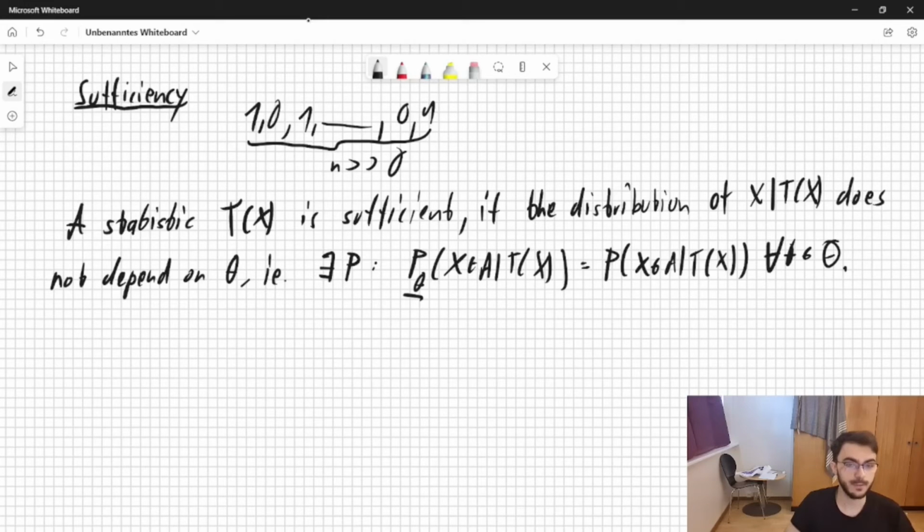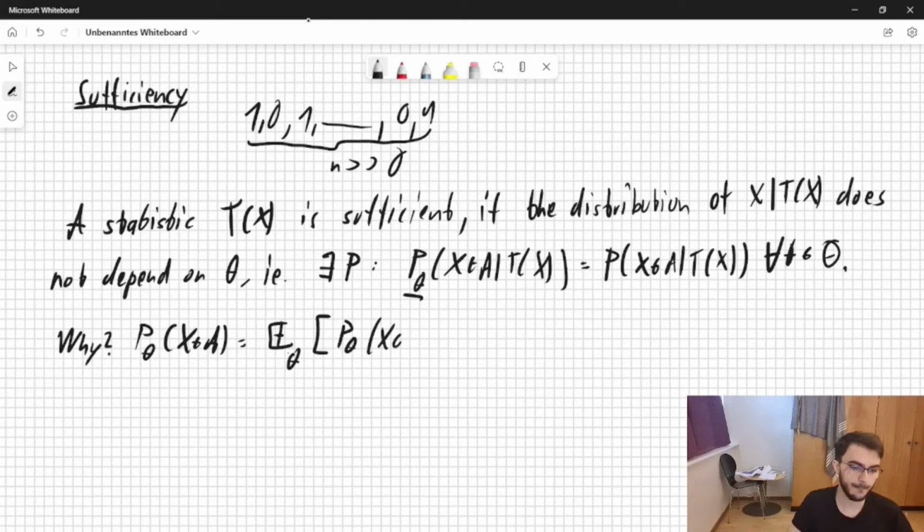That's a weird definition. Why do we use this definition? If you think about the probability of X being in some set, we can express this as the expectation, and I'm writing this E for expectation with respect to theta, over the conditional probability. That's just the definition of the conditional probability.